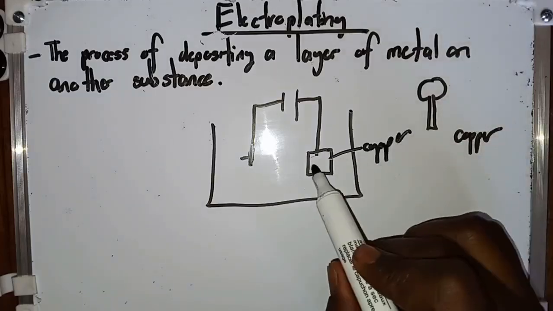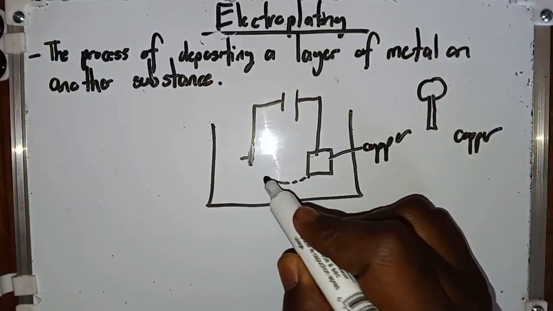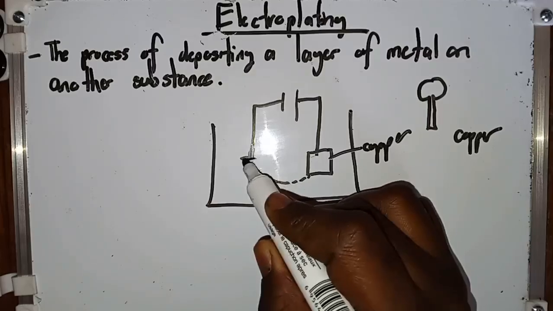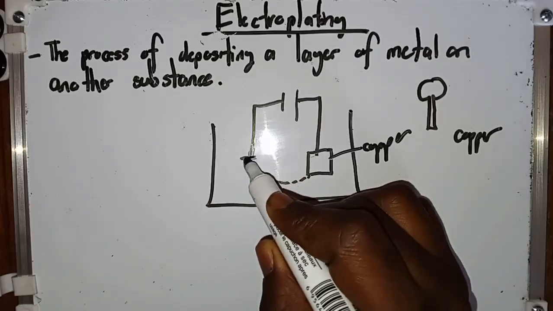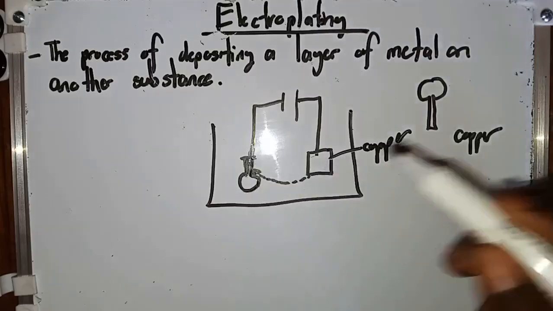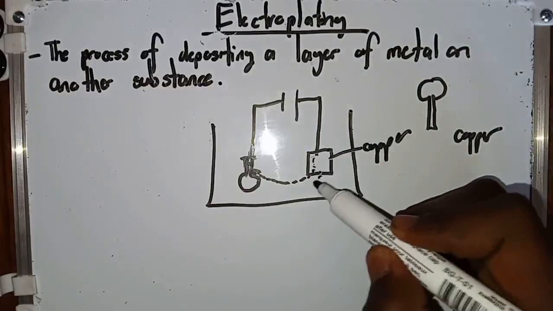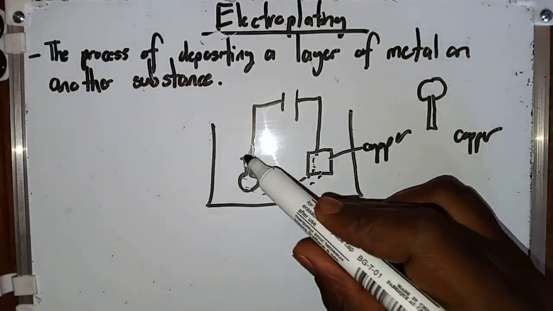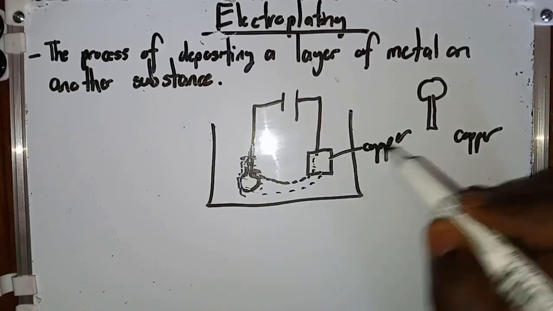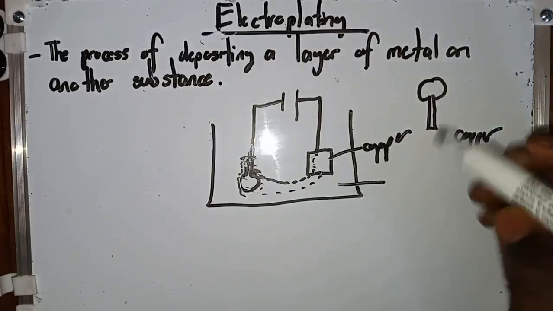When the anode dissolves, the copper comes here and coats this cathode. And what's at the cathode is the spoon that we want to electroplate. So this copper dissolves and coats this spoon. So this spoon we coated with this dissolved copper. That's what happens.